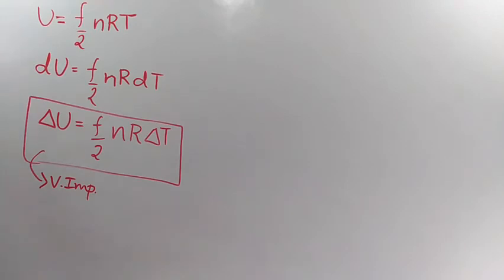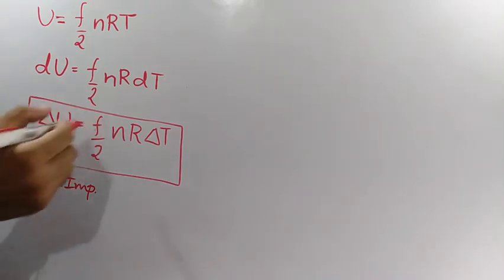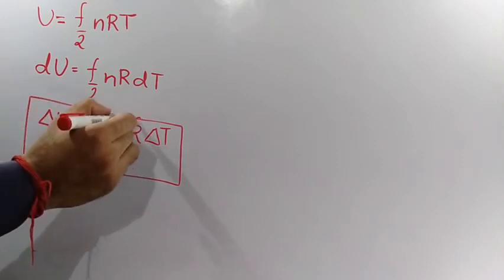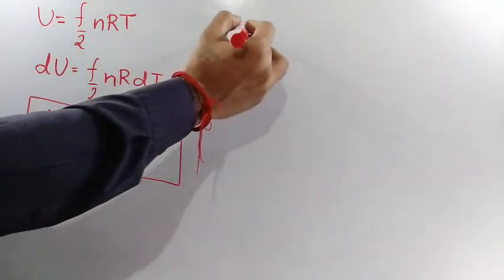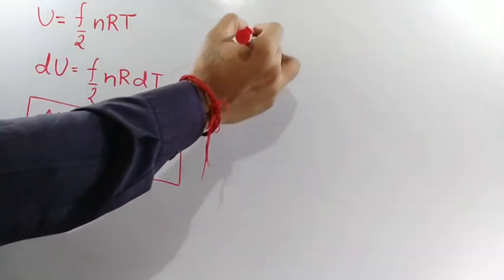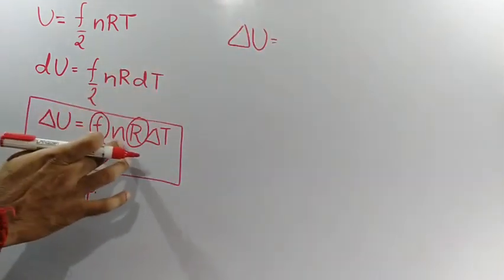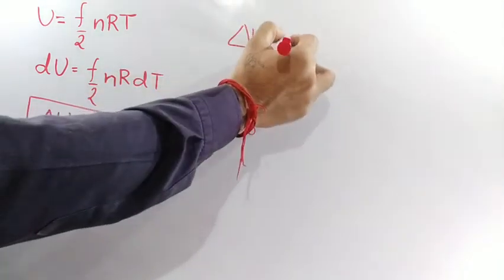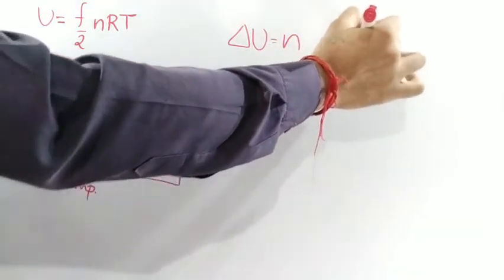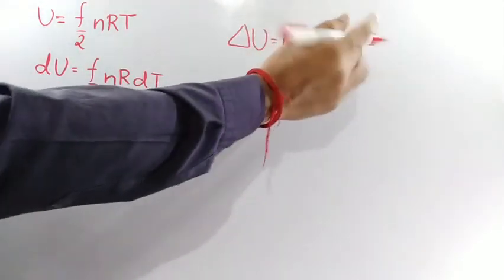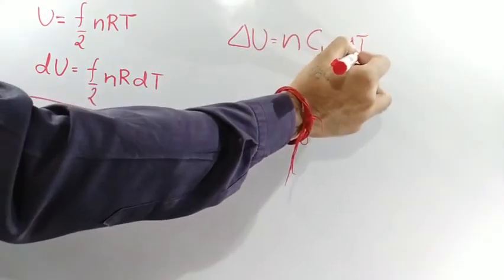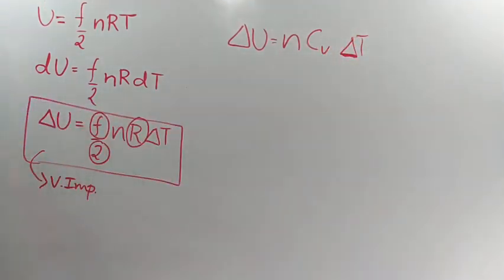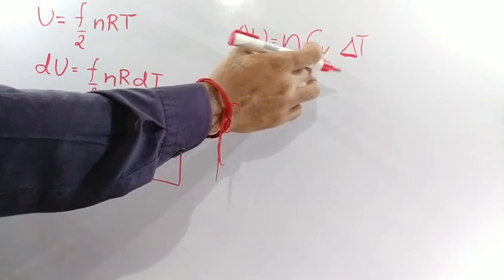Now here, F by 2 times R is nothing but the factor Cv. So I can write this expression as delta U is equal to N Cv delta T. In thermal properties of matter we came across Cp, Cv, small cp, small cv.